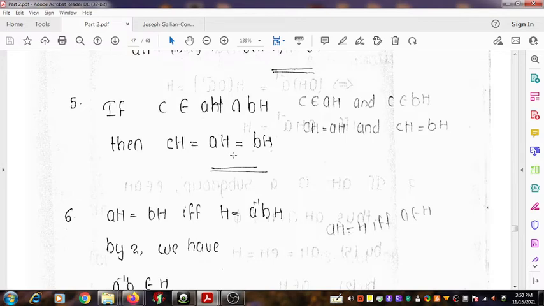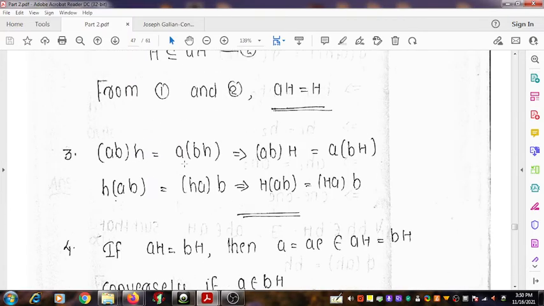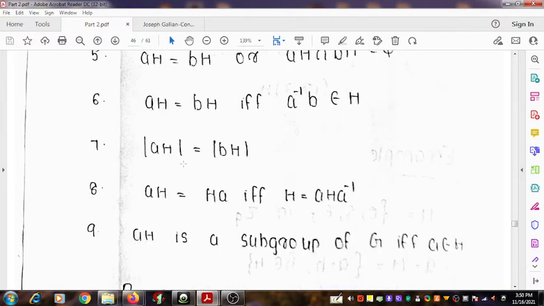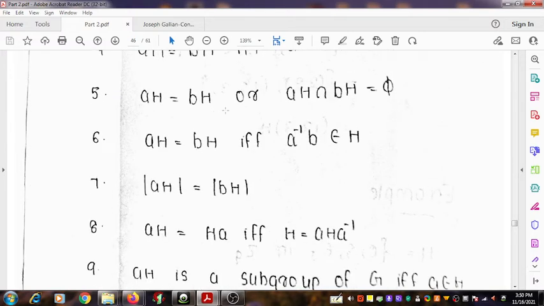Thus we get that CH equal to AH equal to BH. Therefore AH equal to BH in that case.